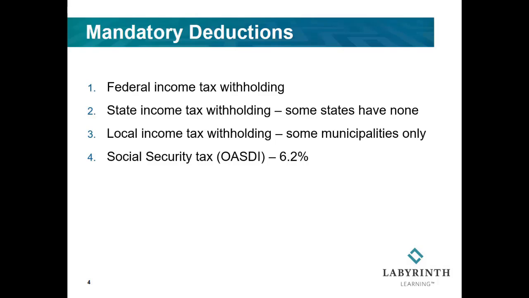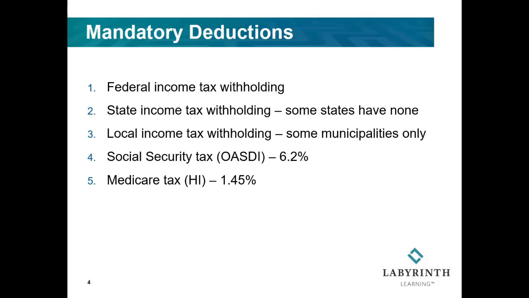It's also for survivors and for those that are disabled. The amount of tax withholding is 6.2% of taxable income, up to the amount of the threshold income. So any income exceeding the threshold income will not be subject to Social Security tax.